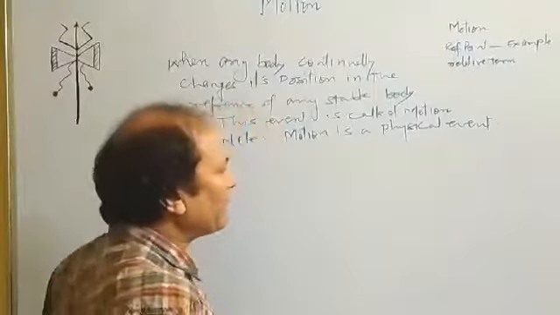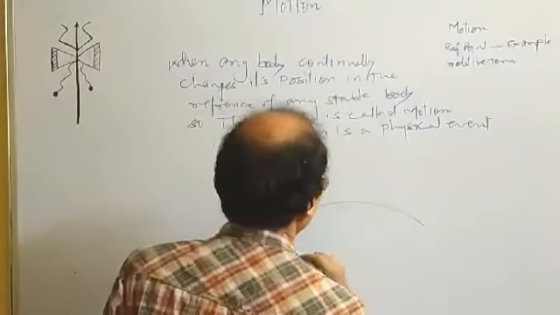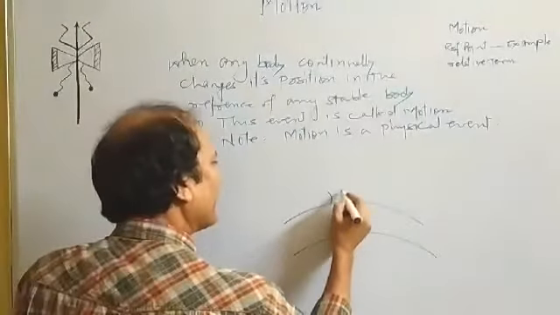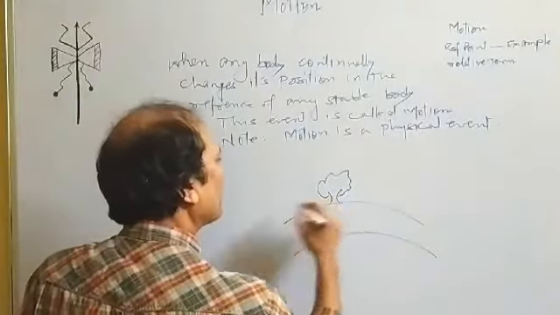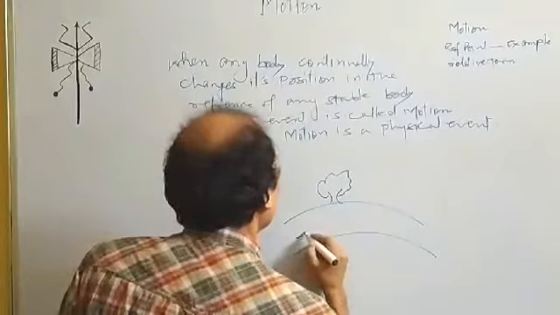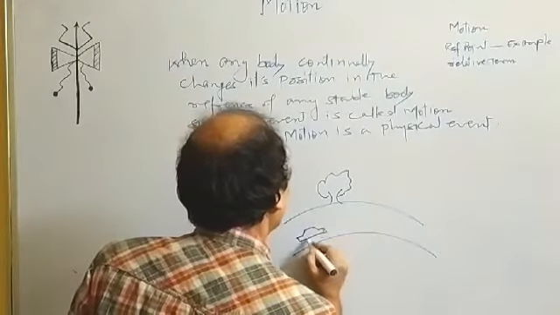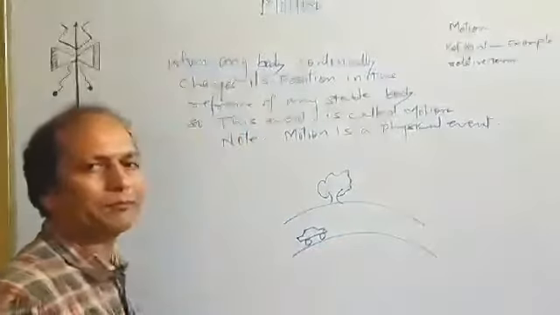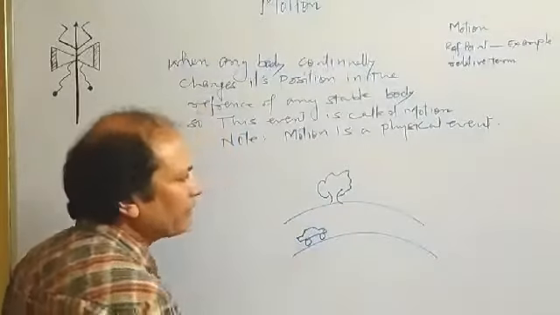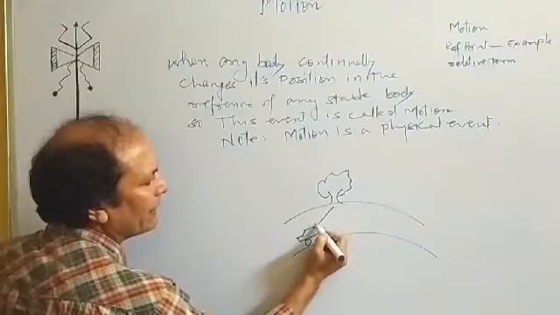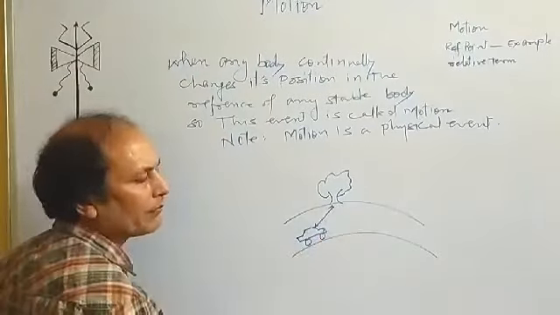For example, suppose there is a road, and here is a tree, and a car is passing by. The distance between the tree and the car is this now.